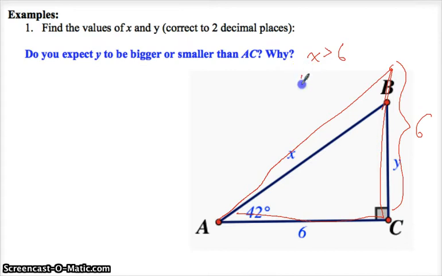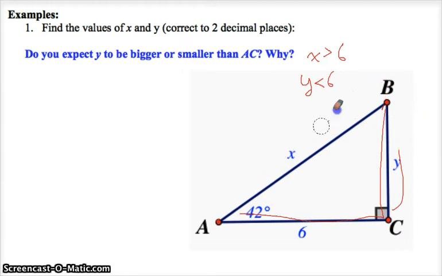So I kind of expect that y should be less than 6, because this is only 42 degrees, so it's going to be a little bit smaller. Okay, so that stuff is actually pretty good. That's going to help you when it comes to test time. If you can estimate which side's supposed to be the long side and the short side, like we did in 8.3, that's going to be helpful at the end when you get to estimate which one's going to be bigger, smaller, etc.